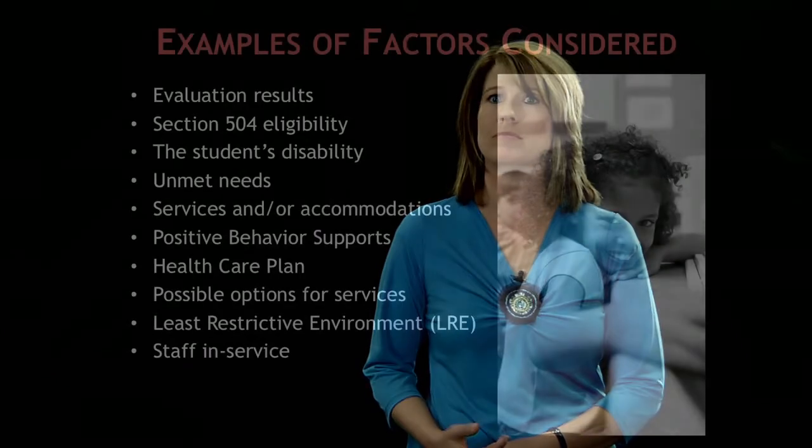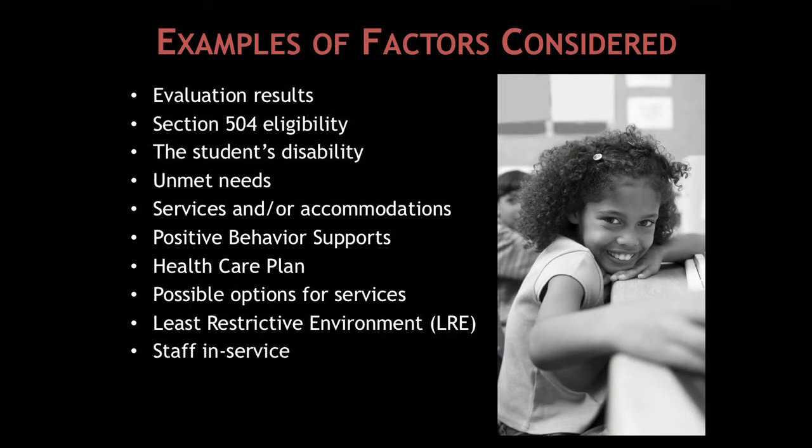The following factors are considered by the Section 504 team as they determine eligibility and decide on appropriate accommodations to benefit the student in the school setting. Evaluation results. Section 504 eligibility. The student's disability.